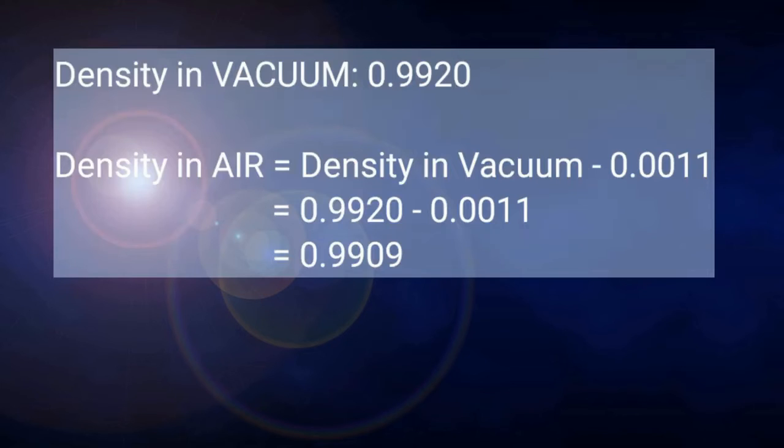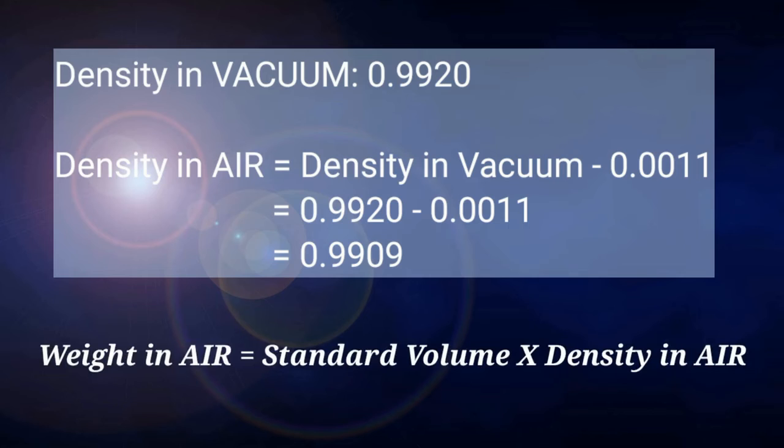So in our case, the conversion would be density in air is equal to density in vacuum minus 0.0011. So 0.992 minus 0.0011 is equal to 0.9909. When we apply this weight correction factor to the standard volume, we get the weight of the cargo in air.